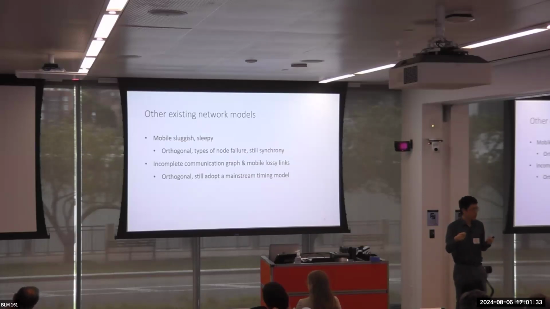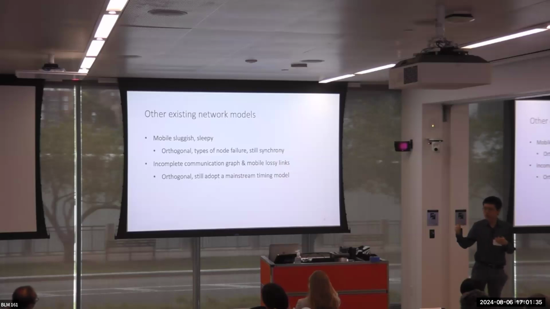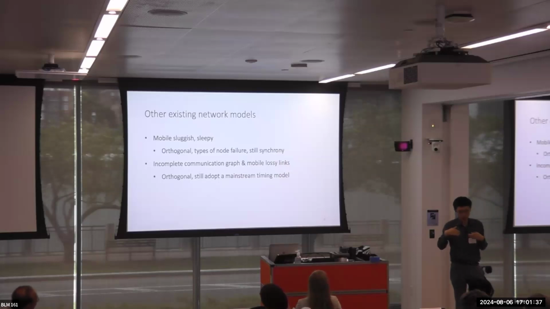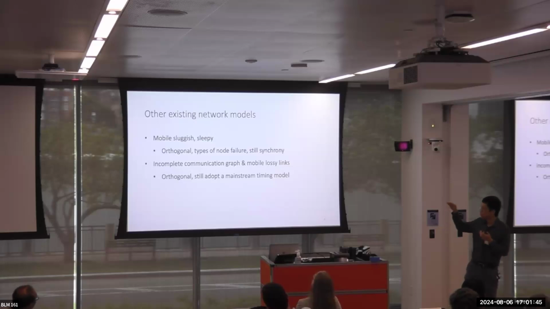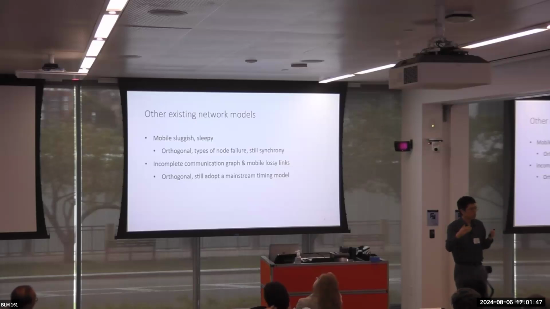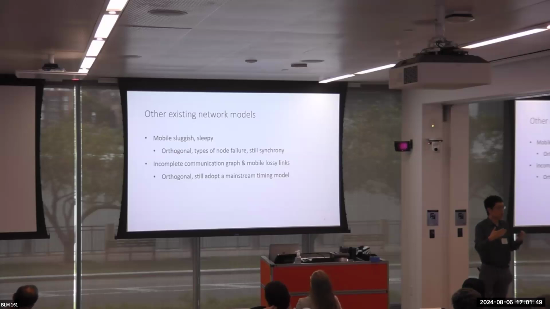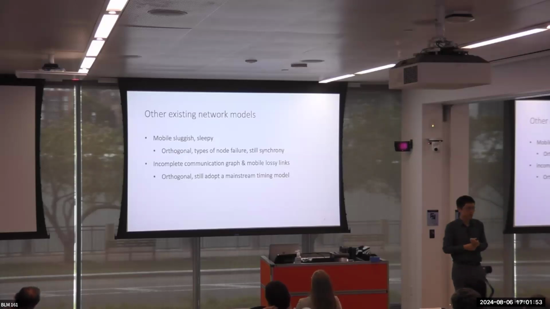That's also orthogonal, because all three timing models, including the new one I'm proposing, assume that messages do arrive. They are not lossy. So even if you assume some messages can be lost, for the remaining messages that do arrive, you still need a timing model, and existing works will still have to choose one among the three mainstream ones.